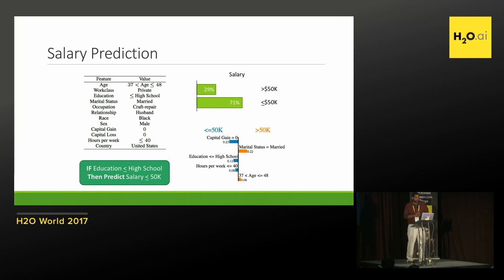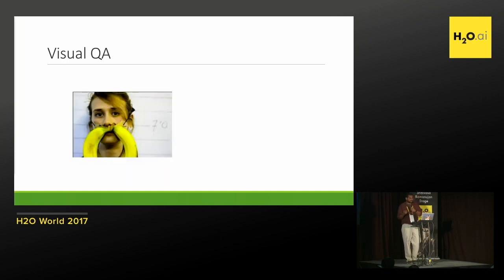Right? We can also apply this to this example we had way earlier of this image, and we asked the question, what is the mustache made of? And it said banana. Some of you might have noticed that the word what is bolded here. That just means that the anchor was just the word what. Right?